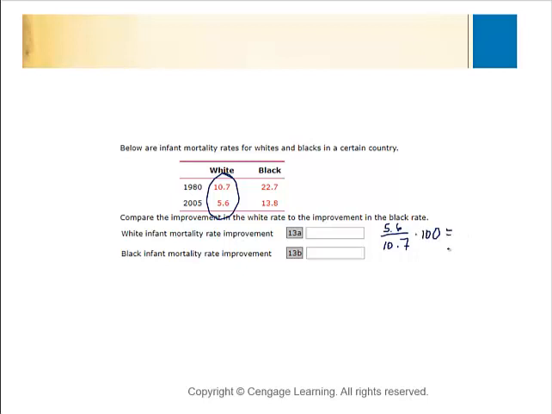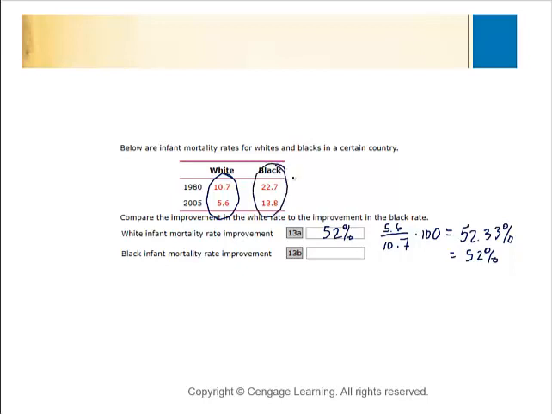And for this one, when I punch this, I get 5.6 divided by 10.7 and multiplied by 100, and I get 52.33%. I believe they wanted you to round this to a whole number, so I would just write in 52% here. So that's what this would be, 52%.